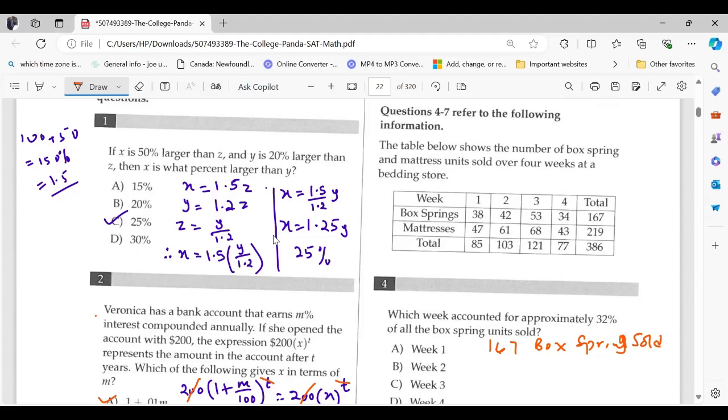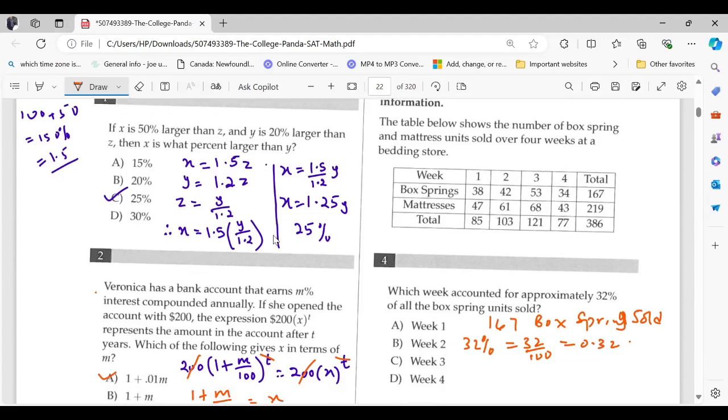Now, if you look at it from a percent side, 32% is 32 over 100, which is about 0.32, which is nearly 1/3. So which of these will give nearly 1/3 of 167? You will see that this 53 is nearly 1/3 of this.